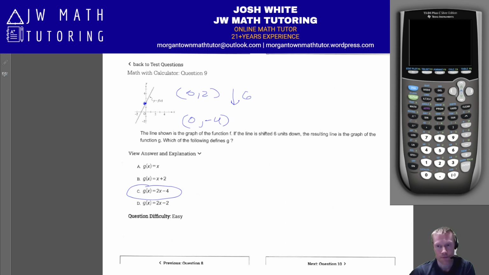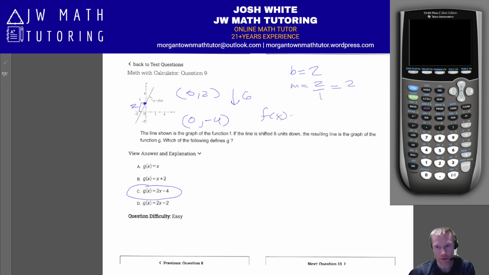Now, an alternate way to do this, and it's just a little bit more work, would be to find the actual equation for f and then subtract 6 from it. So again, we already know that the intercept is 2, so we already know b is equal to 2. And then for the slope, you could just count. You notice you go up 2 and right 1. So the slope for f, the function f of x, is going to be 2 over 1, or just 2.